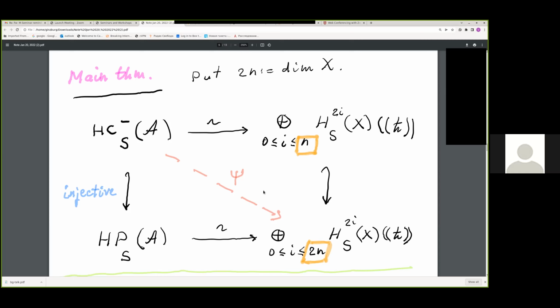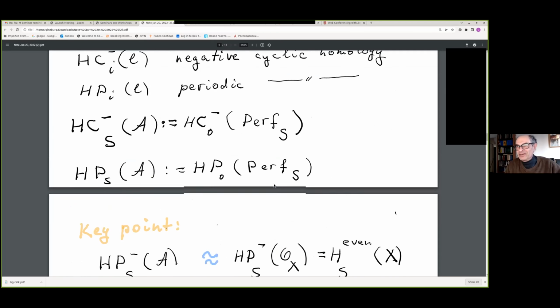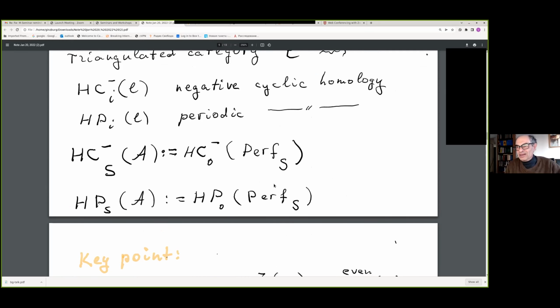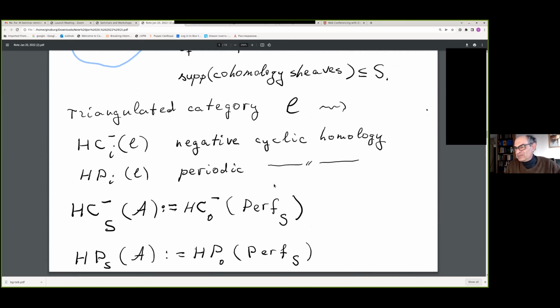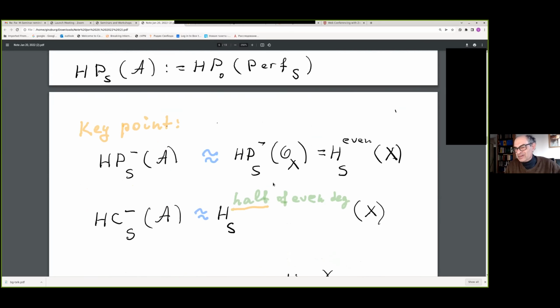When I defined what my category is, I cheated. One has to do it more carefully. In the case of D-modules, essentially, one has to put a condition similar to regular singularities. But let's not go into this.